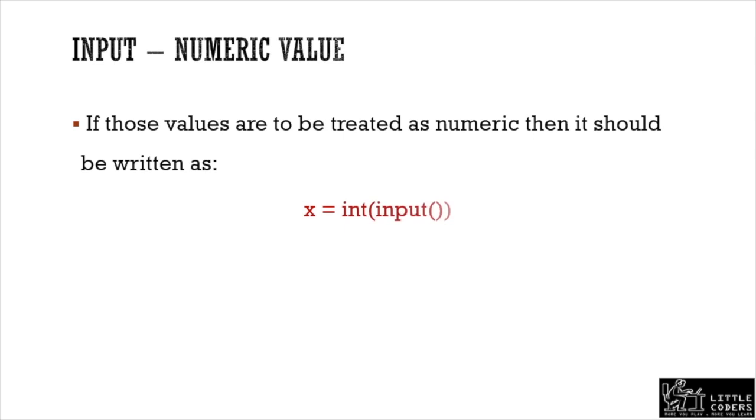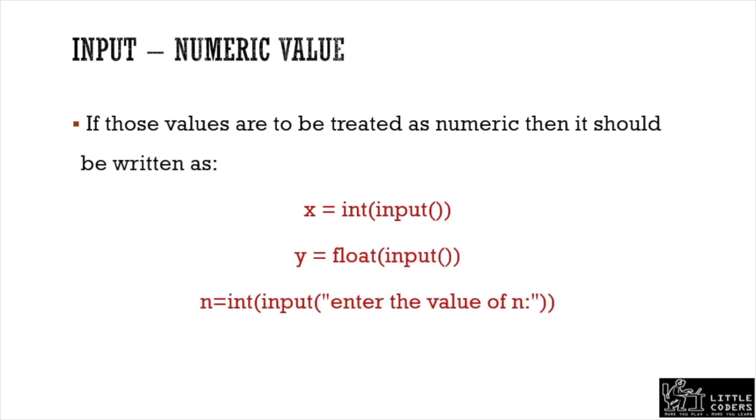Suppose I want to read numerical value as numerical data, then I have to put int. Int means it is an integer value. Then within brackets you have the statement input within parenthesis.